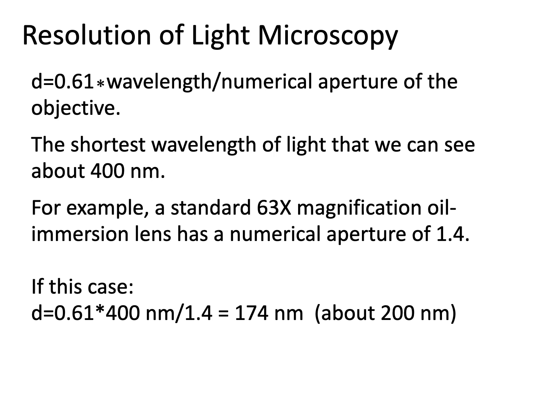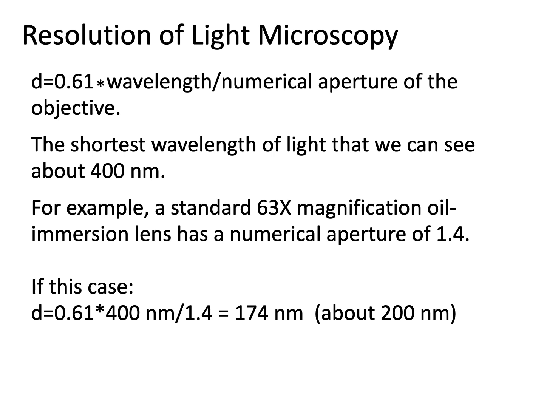And we've gone through understanding the NA, and that's specific for certain objectives. So the shortest wavelength of light that we can see, violet, is about 400 nanometers. Okay, that's fine. So now let's think about a standard 63 times lens.